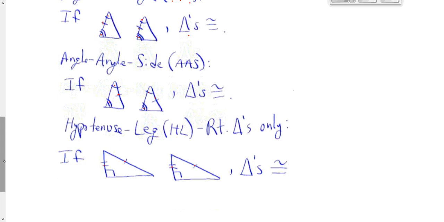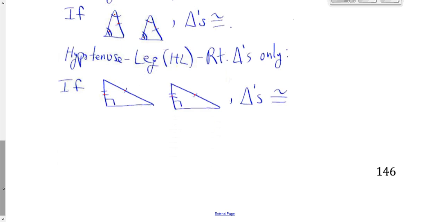Okay. Now, one thing kids always try to do, and there's a way they try to prove triangles congruent, and it never works. Okay. So there is no such thing as angle side side congruence. Okay. Right? You cannot prove it. There is no angle side side.